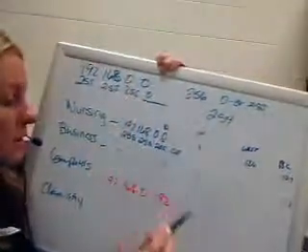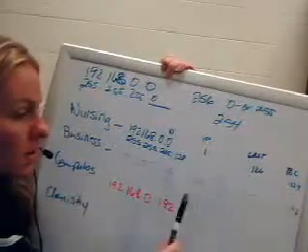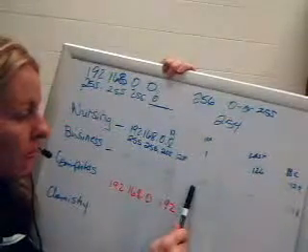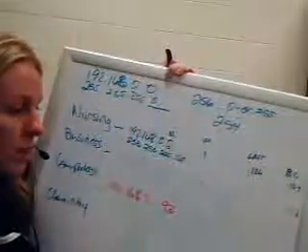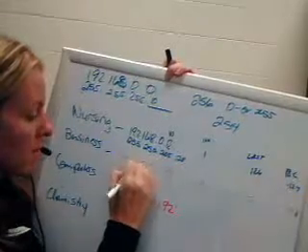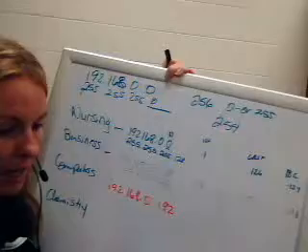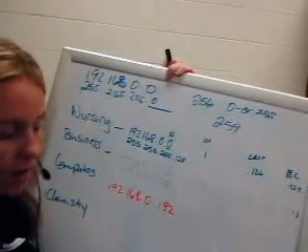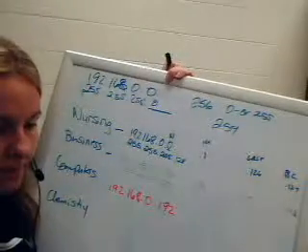So now business. All of the PCs that you're going to assign addresses to in business will start at 192.168.0.129 with a subnet mask of 255.255.255 and the 64.